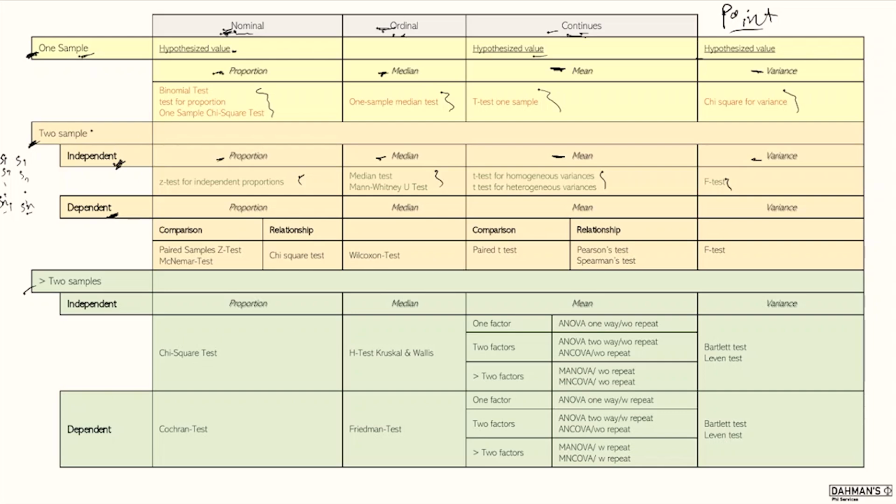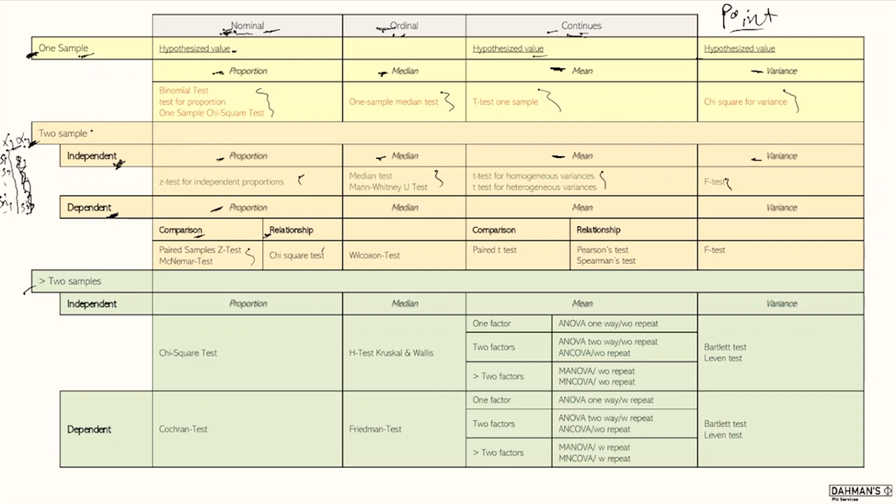If they are dependent, it means they come from one sample but on two variables. You saw that before. In this case, if I have a nominal variable and I am testing the proportion again, I might have two purposes: maybe a comparison between these two variables, or maybe finding a relationship between them.